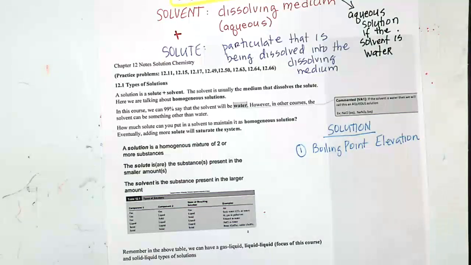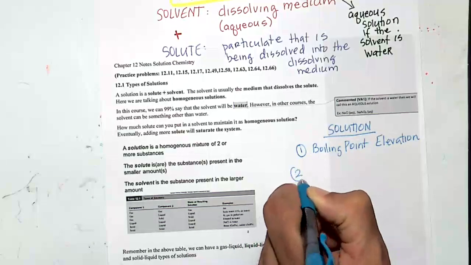The minute I add a solute, whether I add a lot, or a little, or one speck, as long as it's dissolved, my boiling point will go up. This is called boiling point elevation.